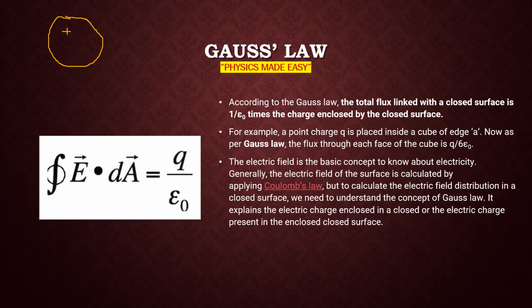In general, the electric field is a basic concept to know about electricity. So we can calculate it by applying Coulomb's law. But to calculate the electric field distribution in a closed surface, we need to understand the concept of Gauss law. It explains the electric charge present in the enclosed closed surface.